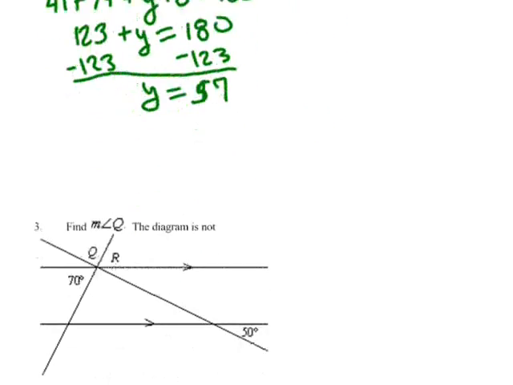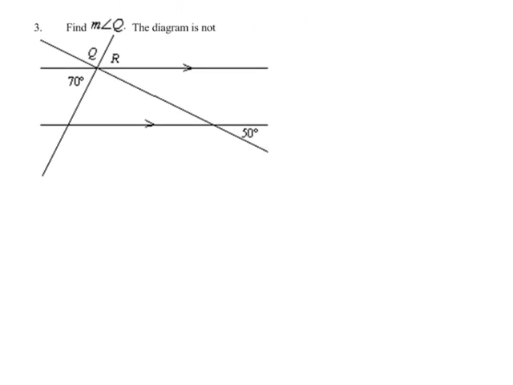Number 3. Find the measure of angle Q. The diagram is not to scale. Well, here's angle Q right here. And we have parallel lines cut by a transversal. So corresponding angles are congruent. So this angle is 50 degrees. I also have vertical angles.